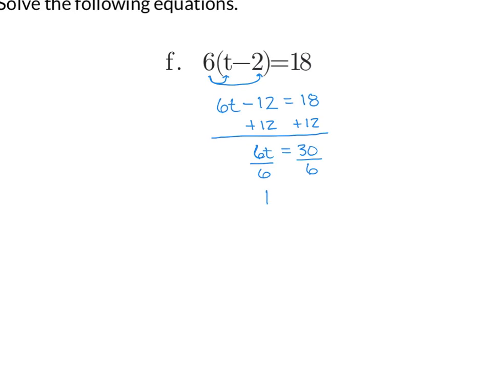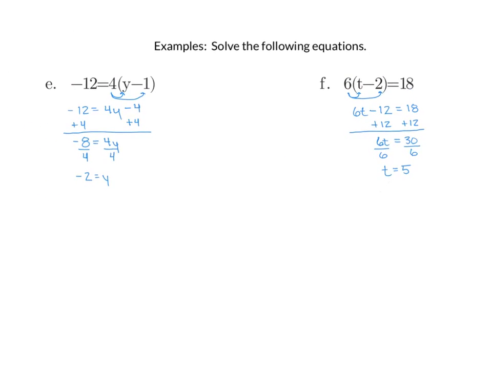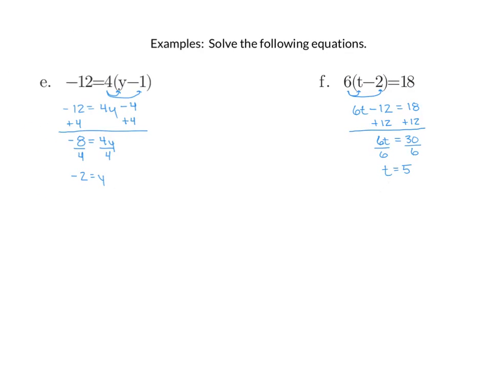Divide both sides by 6, and we get t equals 5. So there are some problems involving distribution.